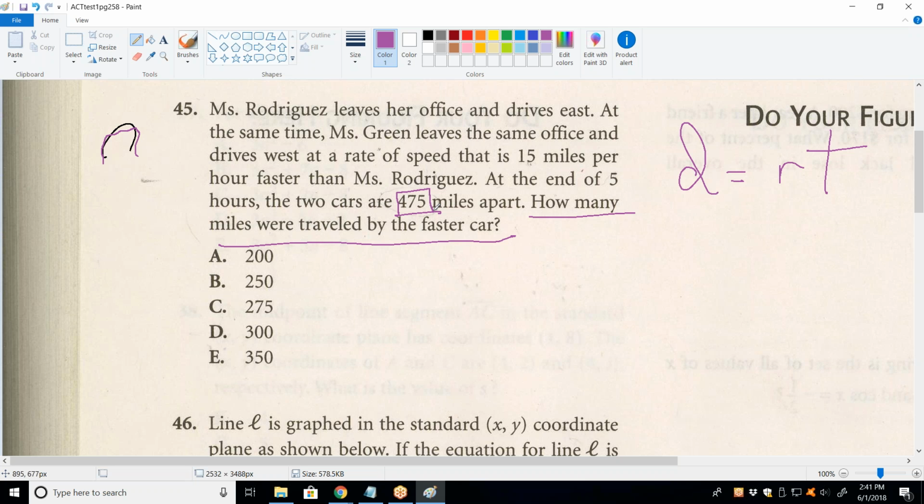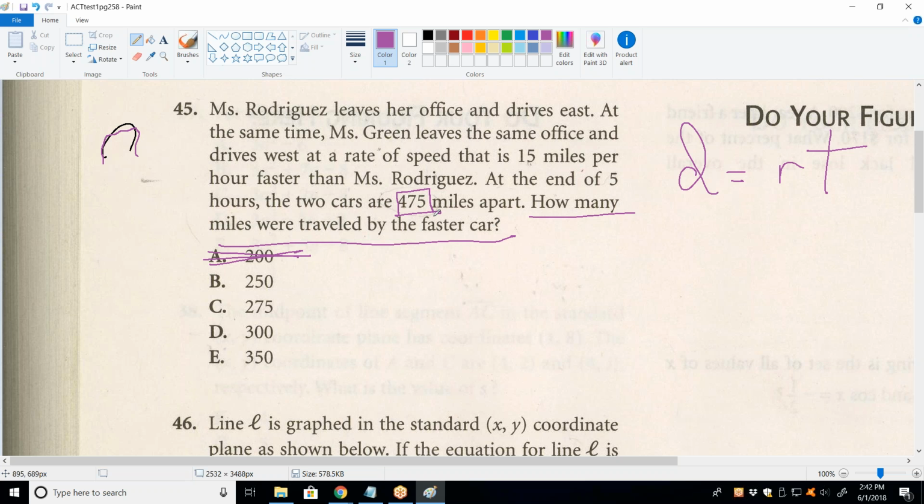So what can we eliminate immediately from our answers? Probably E and D. Not D. A for sure. Only eliminate what you positively know cannot be correct. There's no way the faster car goes 200 miles, leaving the slower car to go 275 miles, which it would have to go.